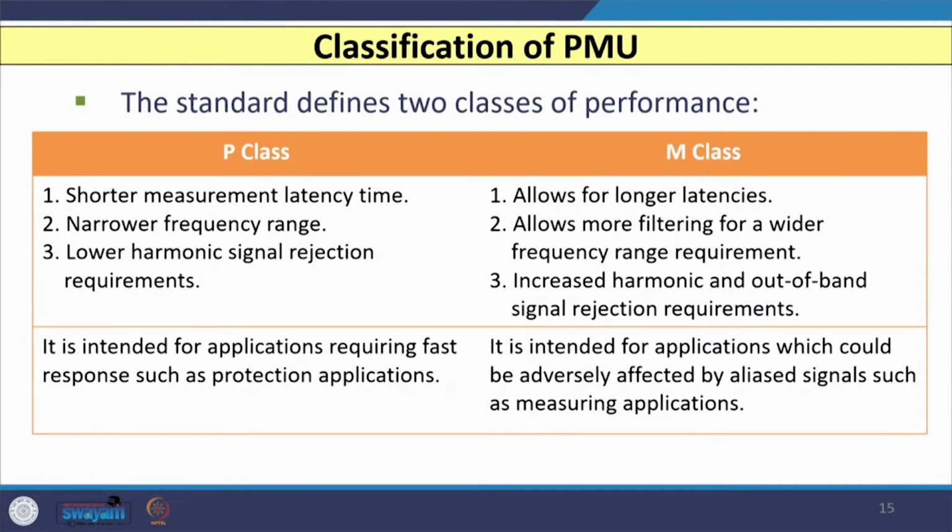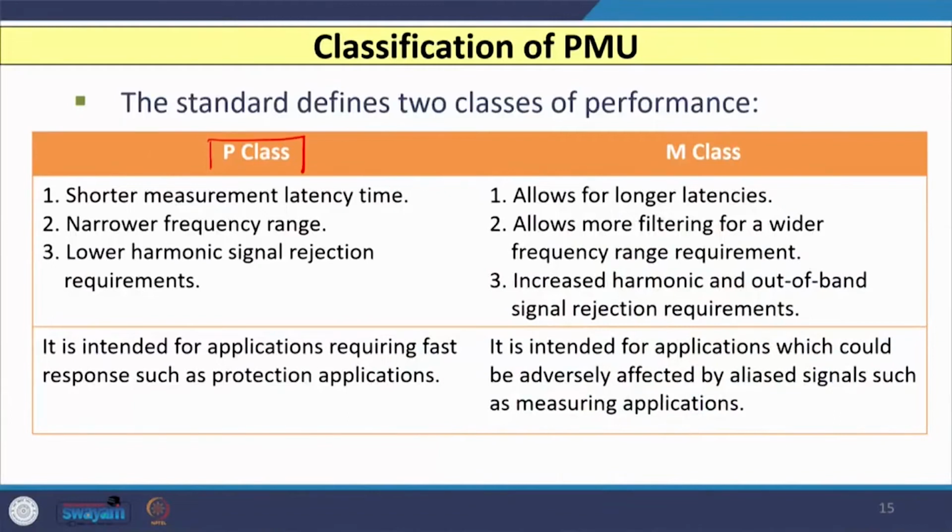Now, let us see how we can classify phasor measurement units. Normally we can classify the phasor measurement units based on their performance, and this is classified in two ways. One is the P class PMU and the other is the M class PMU. The name P is given because it is used for protection purposes and the M is given because it is used for measurement purposes.